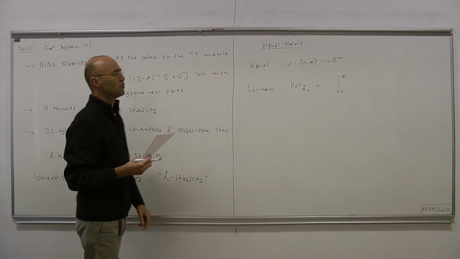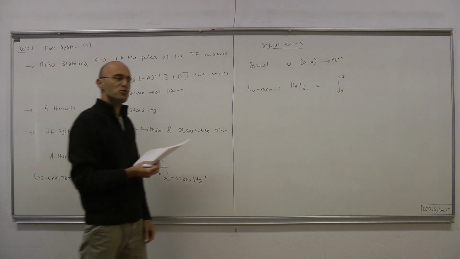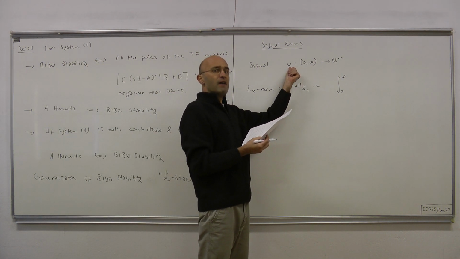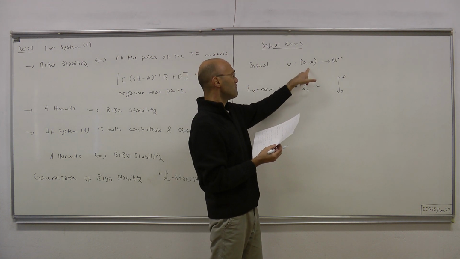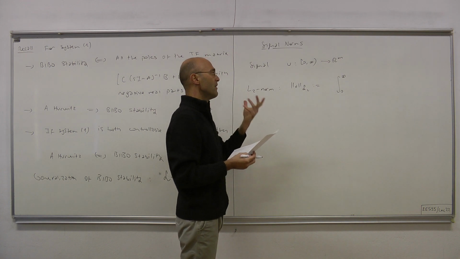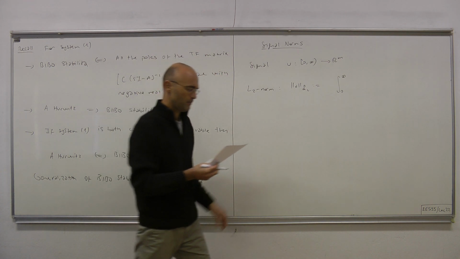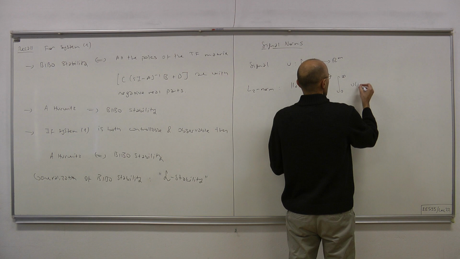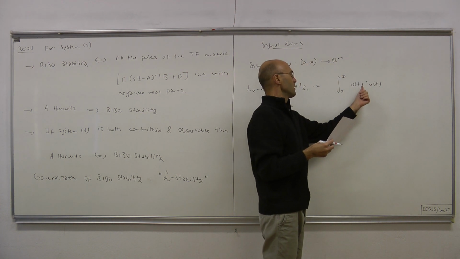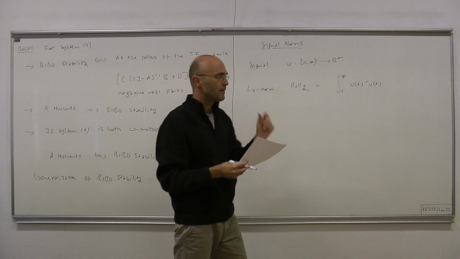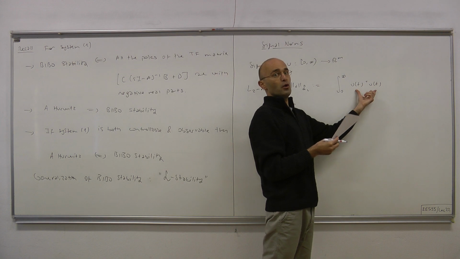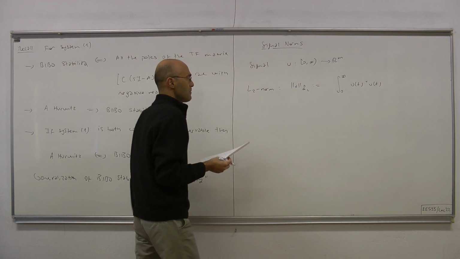this integral. What you do is you integrate the norm square of the input vector at each time, from 0 to infinity, and then you take the square root. u(t) transpose u(t): if you take u of t as a vector, this is the Euclidean norm square of that vector at that particular time t.